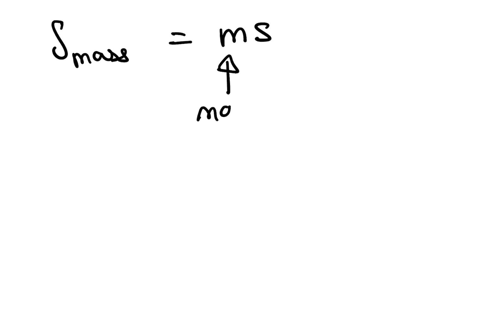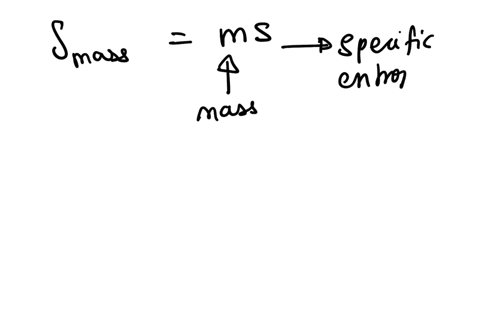The entropy transfer with mass flow, S mass, is the mass flow multiplied by the entropy per unit mass. So if we have a mass flow rate, the rate of change of entropy transfer per second is mass flow rate times the entropy per unit mass.